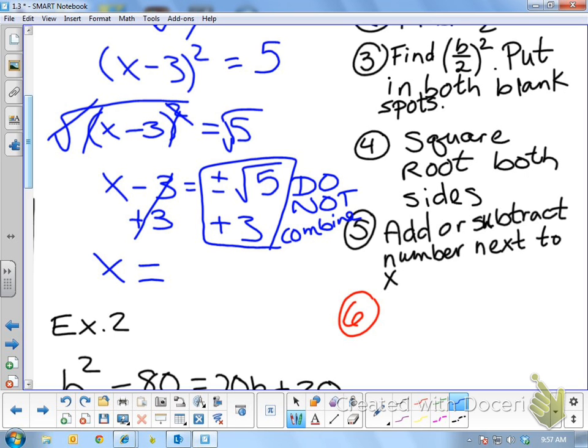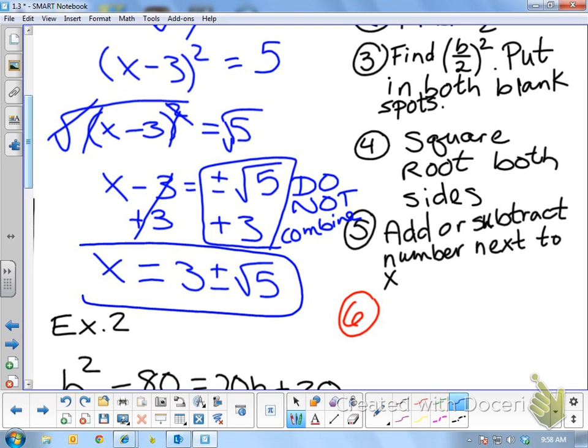We cannot add a regular number and a square root, an irrational number. So if they don't combine, we just write them side by side. And normally we put the integer in front, the square root second. So we're going to write 3 plus or minus square root 5. Now in this particular problem, we are done.